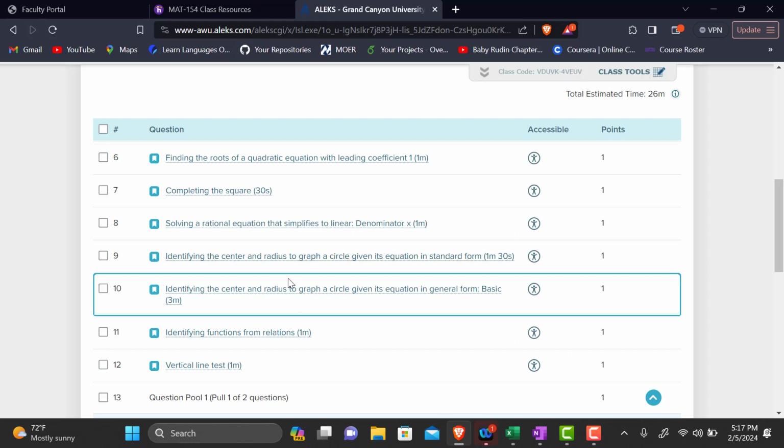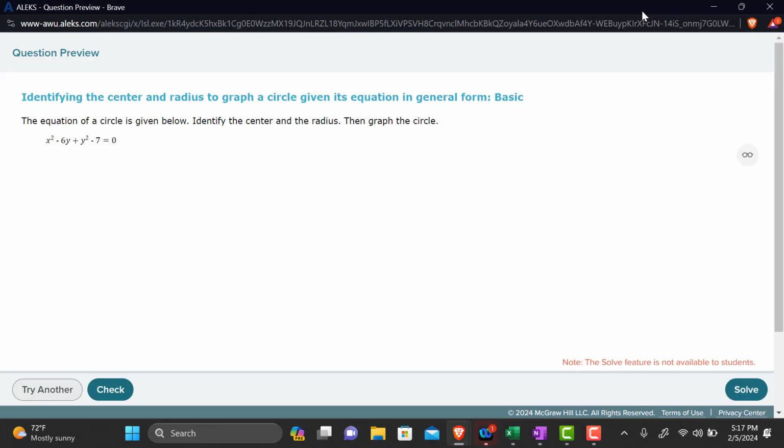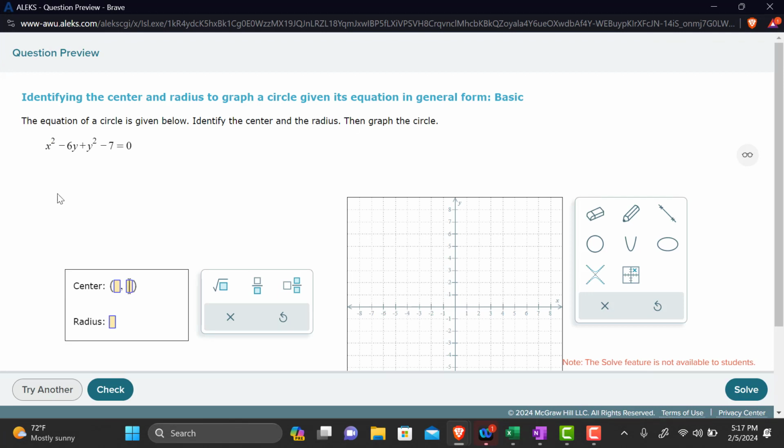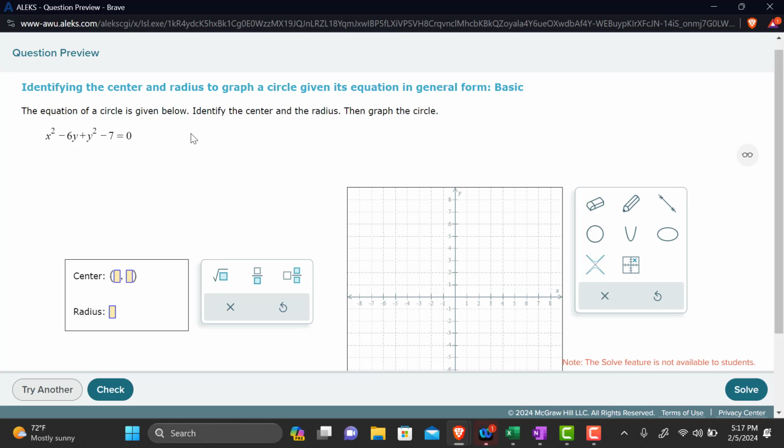That was number 9. And so we just had the equation of a circle, so let's see if we can reference it again here. Okay, so in this case, this is like a combination of the circle question, which is what we just went over, and also completing the square.